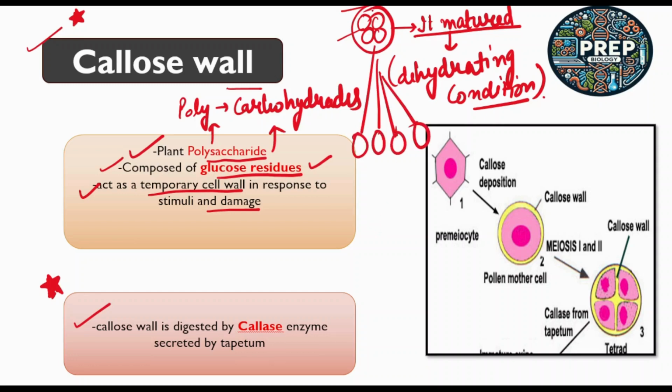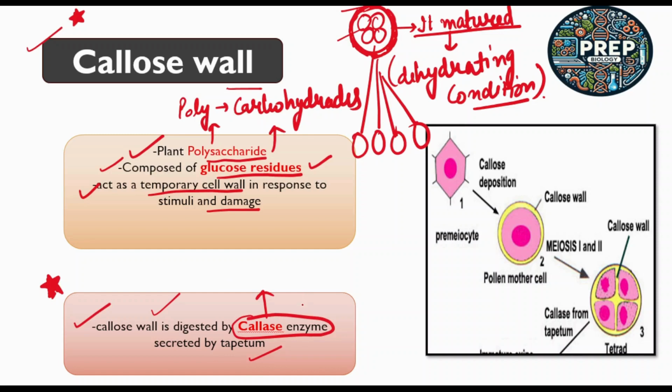Okay, now it is the time for digestion of this wall, so that the microspores get separate. You understood? For the digestion of the callose wall, one enzyme is there, that is the callase enzyme, which is secreted by the tapetum layer.